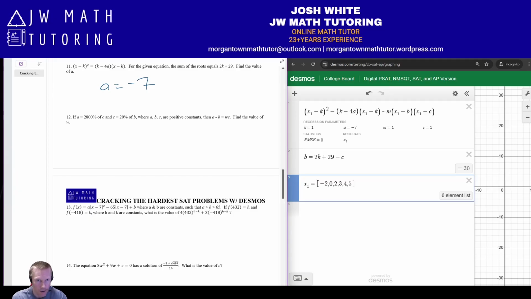Now, I want to point out, I think the text on this problem might have been wrong. I think this was originally intended to ask for k, not for a. Or actually, no, the k's will cancel out. It is intended to ask for a. So, all right, never mind. Ignore that. Correct answer, negative 7. This is how we can solve the problem, again, entirely in Desmos by using regression for a sum of roots question and get our answer.